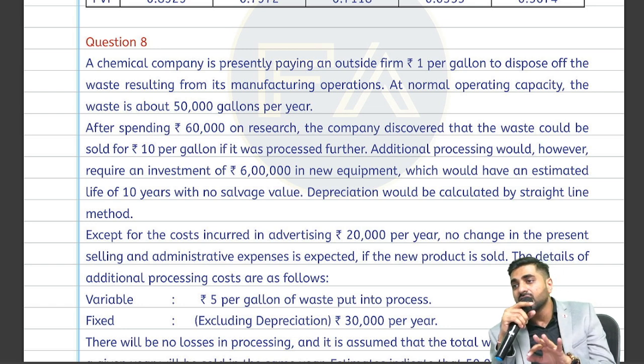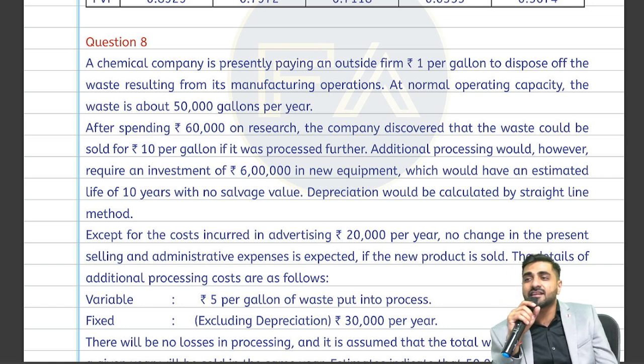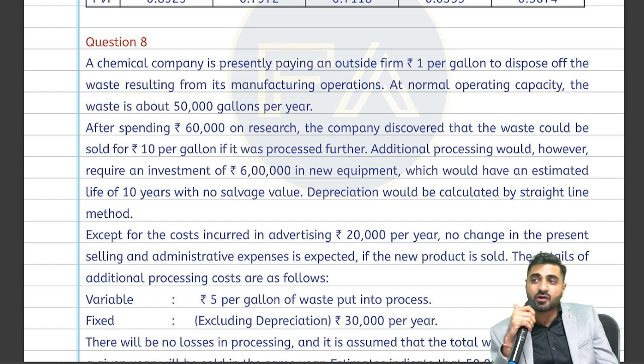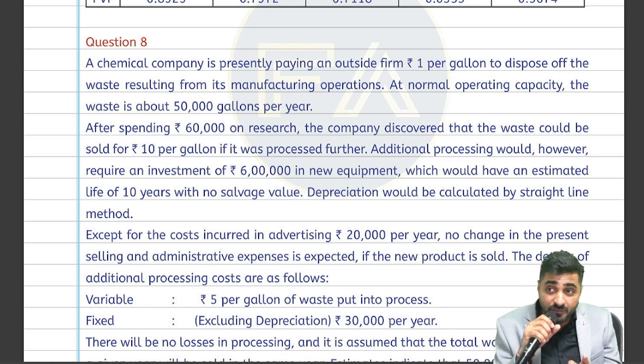When I'm buying a car, is the driver salary an important part of the decision? No, because driver salary is something which I have to pay whether I buy car A or car B. But is the mileage an important part which should be used? Yes, sir. So all these things are to be taken into consideration. But irrelevant cost, we have to ignore. This 60,000 is your historical cost. Will you consider it or will you ignore it? Ignore it.